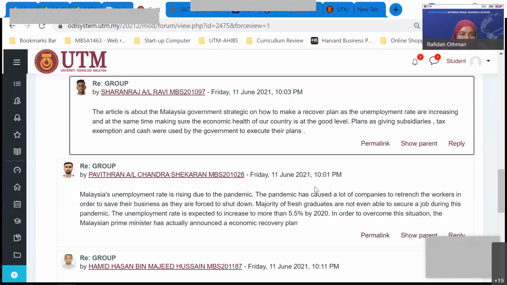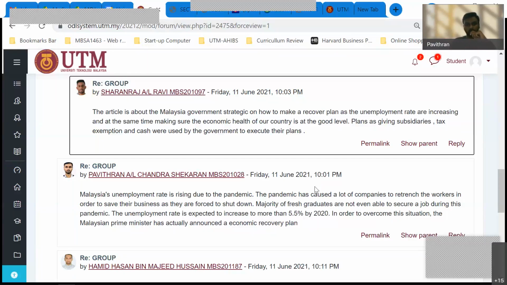Okay, Pavitra? Hi, Doctor. The major issue from this article is that Malaysia's unemployment rate is still rising due to the pandemic. The pandemic caused a lot of companies to retrench workers in order to save their business, because they were forced to shut down by the government. Moreover, the majority of fresh graduates are not even able to secure a job during the pandemic.